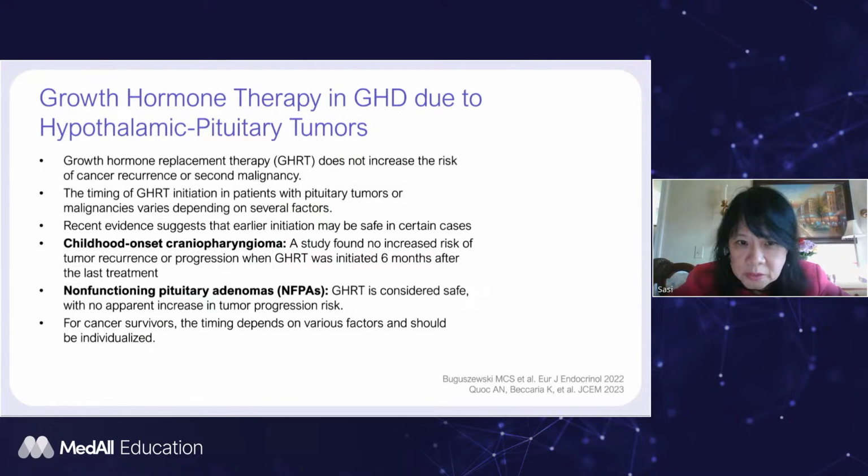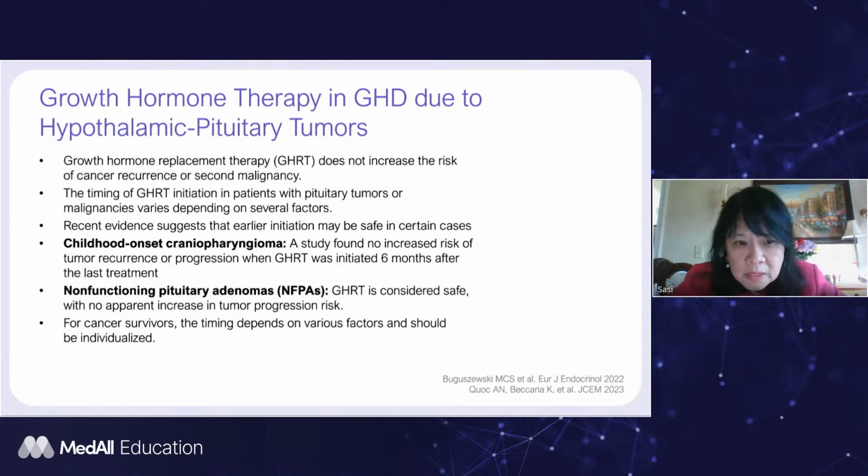But recent evidence suggests that earlier initiation may be safe in selected cases, like childhood onset craniopharyngioma. We found that there's no increased risk of tumor recurrence or progression when growth hormone replacement therapy was initiated 6 months after the last treatments. In the past, we used to wait for a year, but now it's been shown that it's safe to initiate growth hormone 6 months after completing treatment.